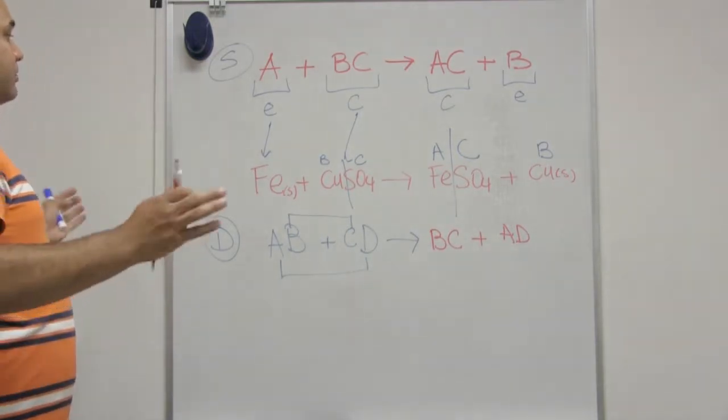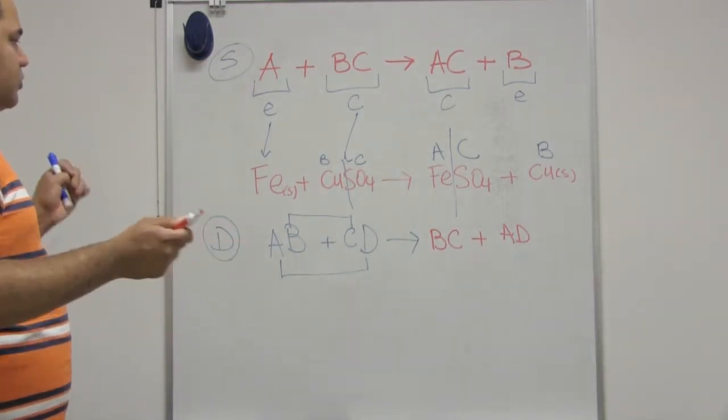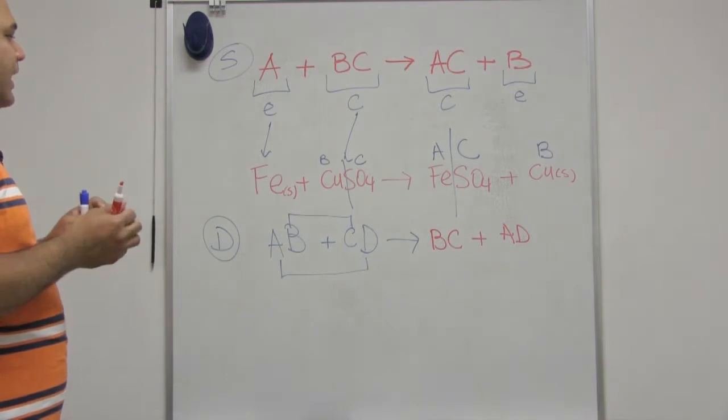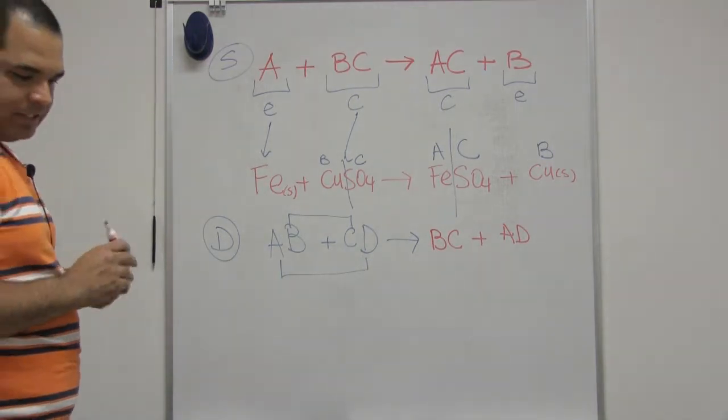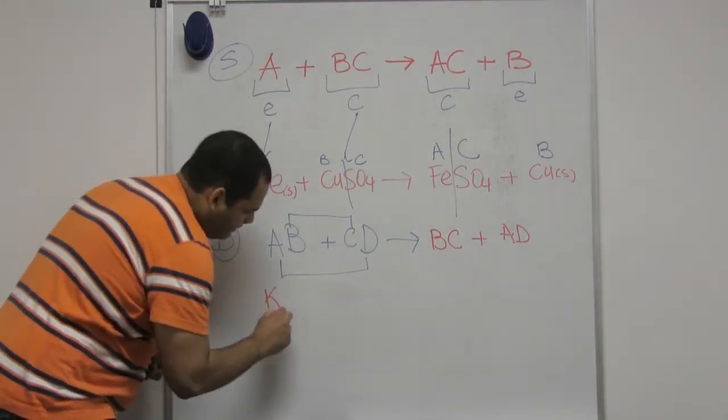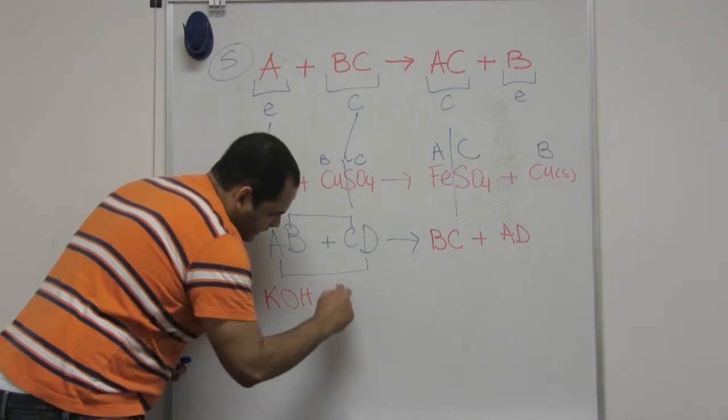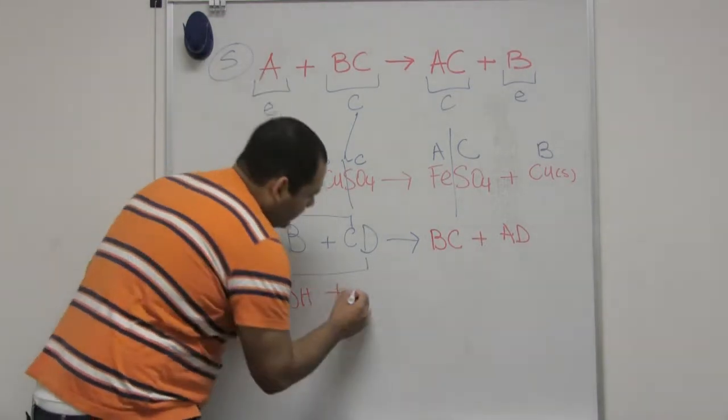One example for this is acid-base chemistry. Acid-base chemistry is a double replacement. So I have here potassium hydroxide plus sulfuric acid.